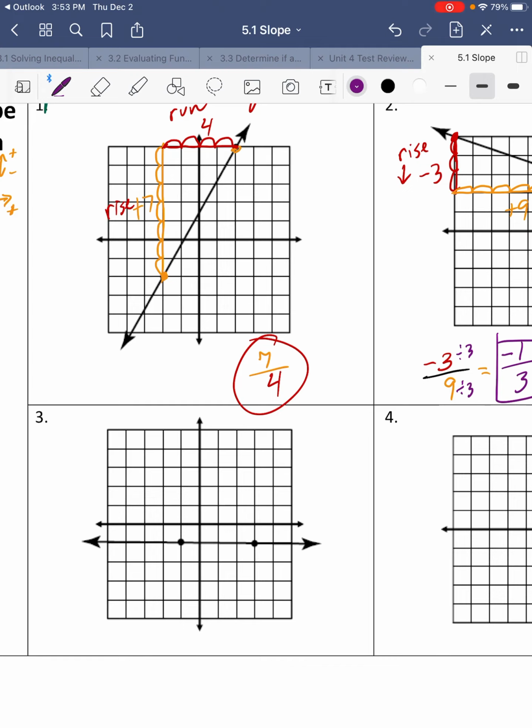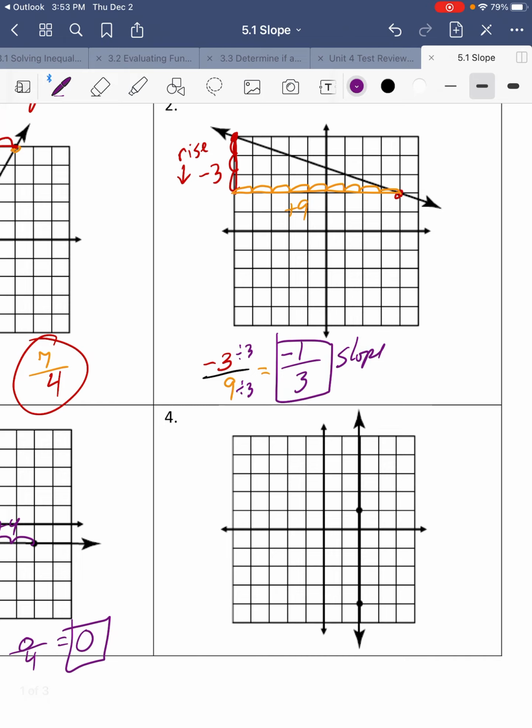Number 3. We go up and down none, so 0 rise. So 0 divided by, and we run 1, 2, 3, 4 to the right. 0 divided by 4 is 0, so the slope is 0.